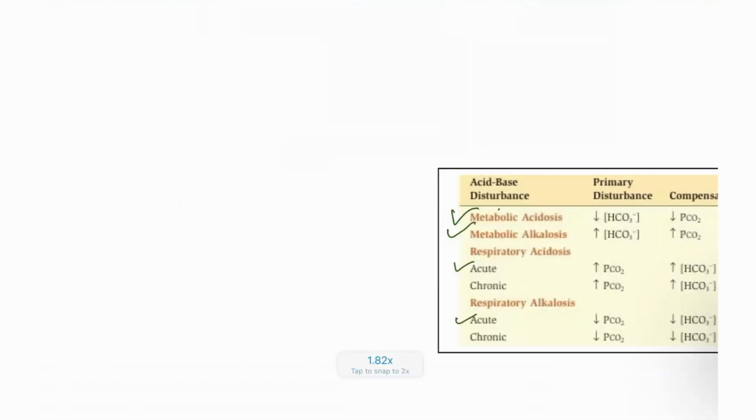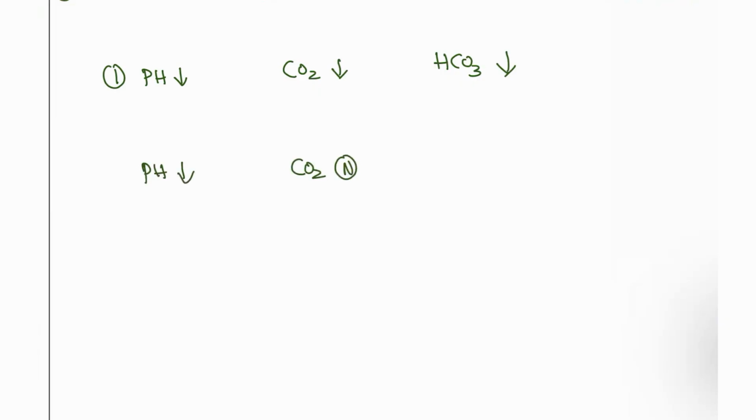Right? Next, how can you differentiate partial, uncompensated, or fully compensated? Let's see the scenario. One patient is admitted with low pH, low CO2, and low HCO3. But when we check after 1 hour, CO2 is normal and HCO3 is low.